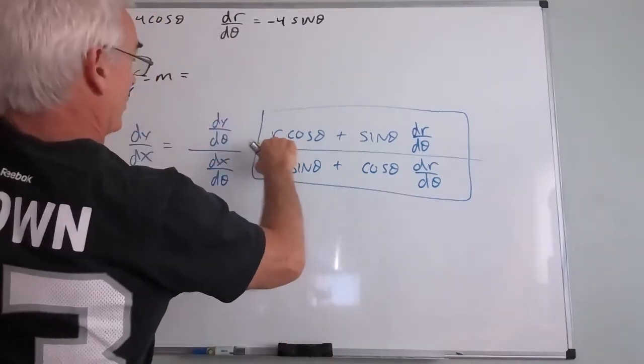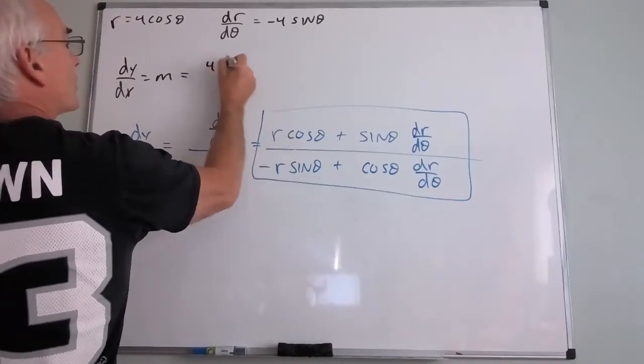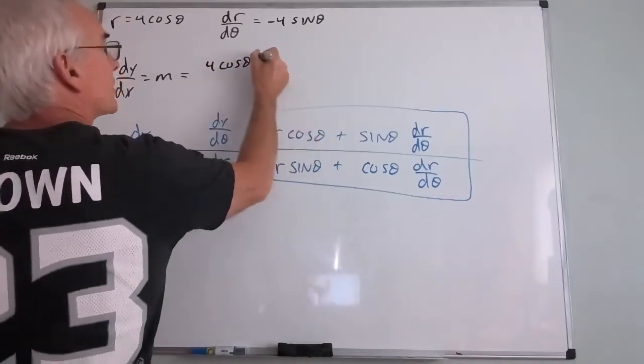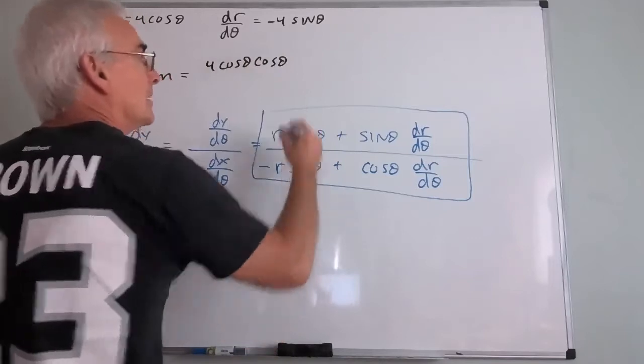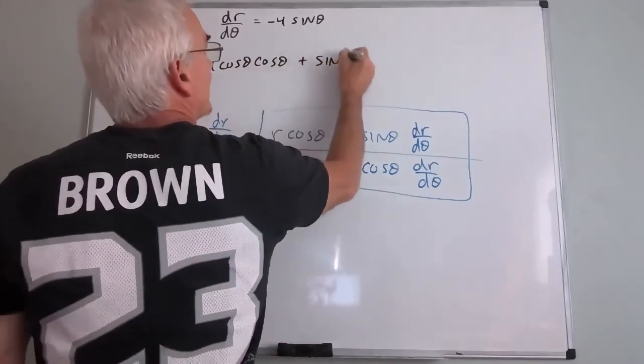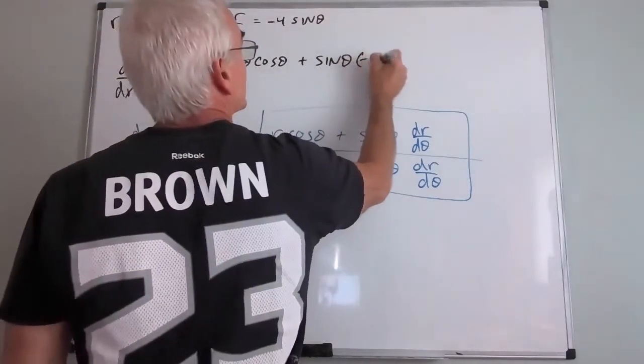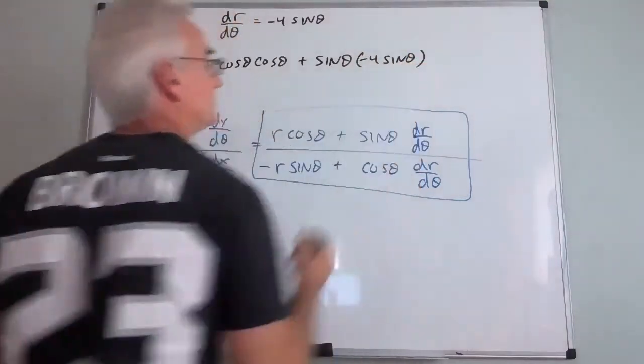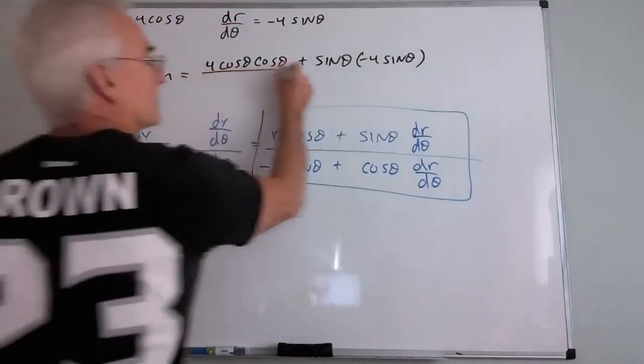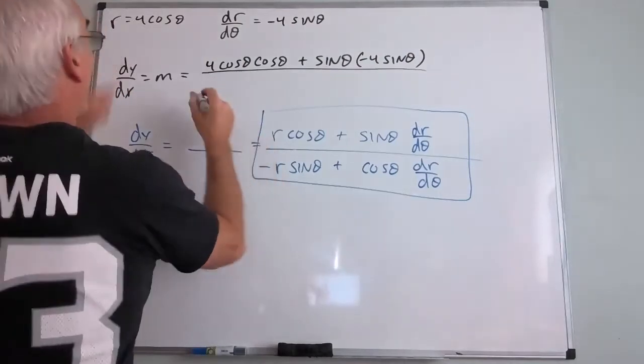I'm actually putting that r right here. So 4 cos theta times the cosine of theta plus the sine of theta times -4 sine theta. Okay, that's my numerator.